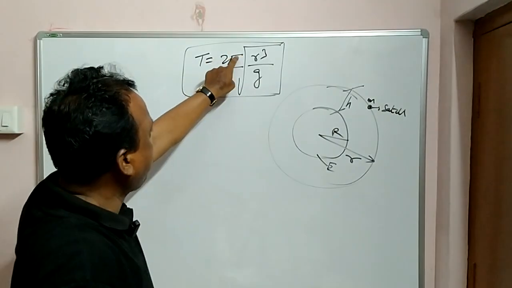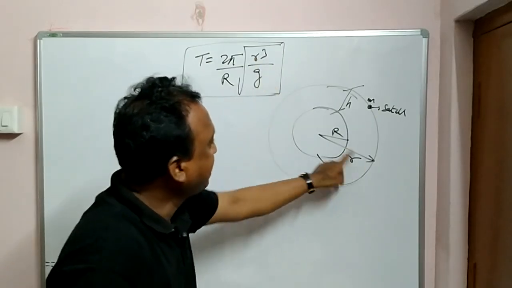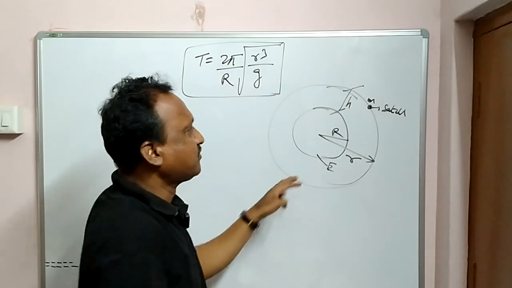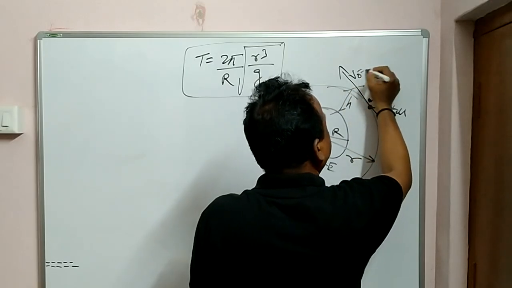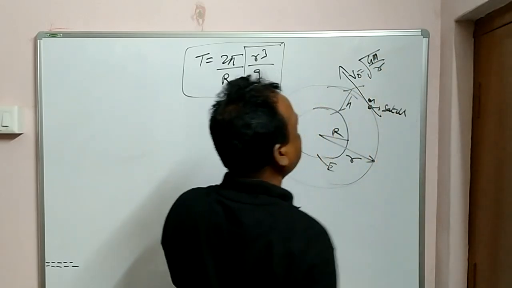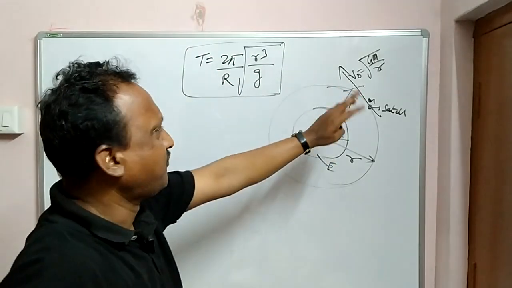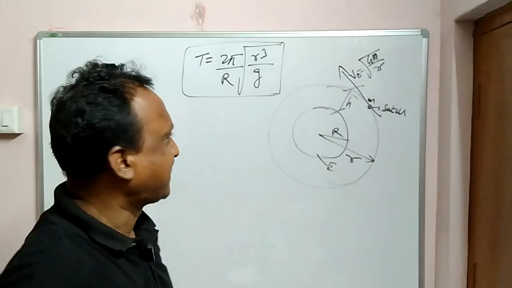Time period is given by 2 pi by capital R, where capital R means radius of the earth and small r is the radius of the satellite revolving, root r cube by gm, or root r by g of course. And g is acceleration due to gravity, 9.8 or 10 meter per second square.